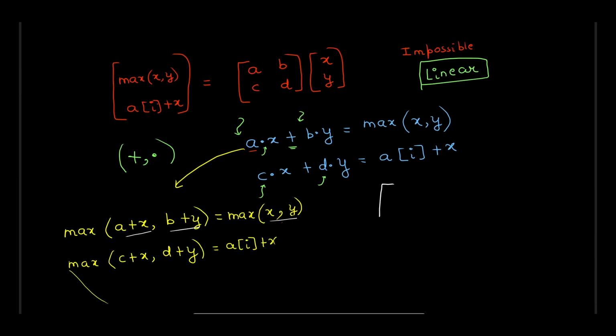So if you pick a as 0 and b as 0, and then on here you have ai plus x. So if you choose c as a of I, and you want this to be the maximum, so d should always be the minimum so that this always wins. So if you set d as minus infinity, then you are done.